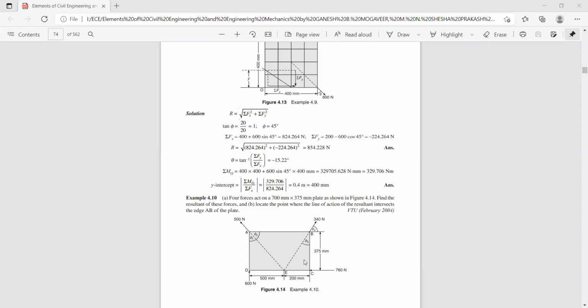Let us call it theta 1. Tan theta 1 is 200 divided by 375. So thereby you will get this angle, which is the angle made with respect to the x-axis. Then 90 minus this will give you the other angle.